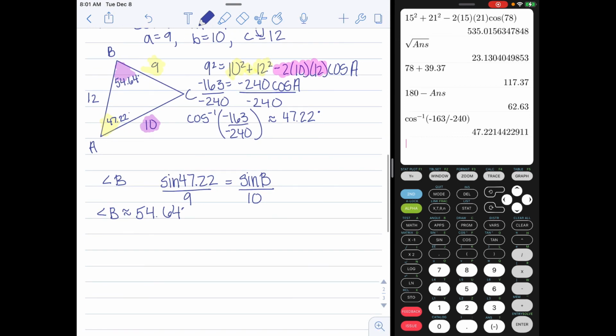And then last but not least, we're going to find angle C, and we will do 47.22 plus 54.64.